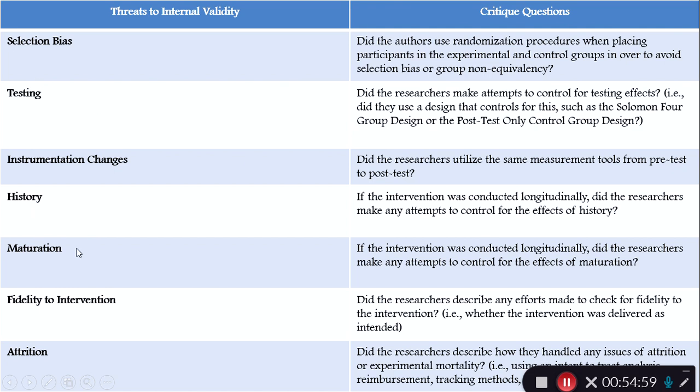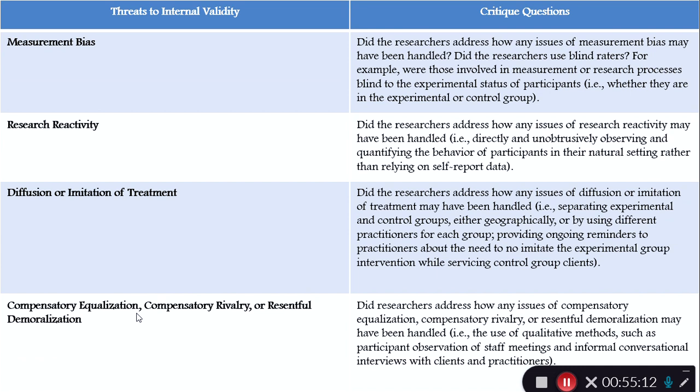The first five are the ones that we just discussed: selection bias, testing, instrumentation, history, and maturation. But then there are also some additional considerations: fidelity to the intervention, attrition, measurement bias, researcher reactivity, diffusion or imitation of treatment, and compensatory equalization, compensatory rivalry, or resentful demoralization.